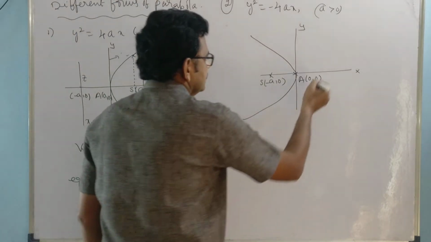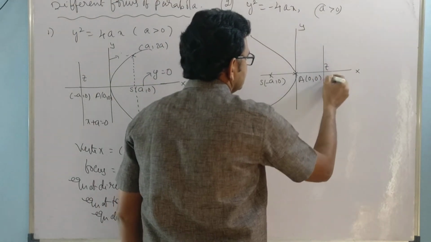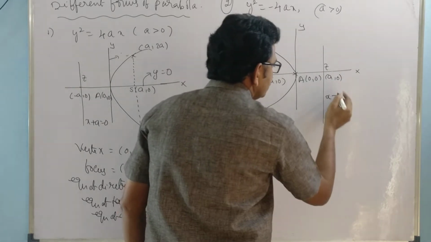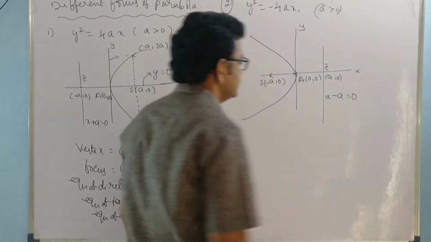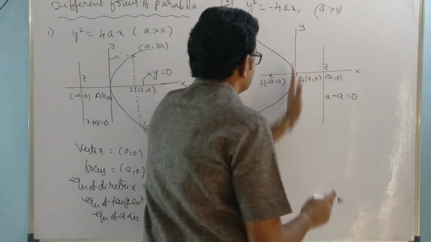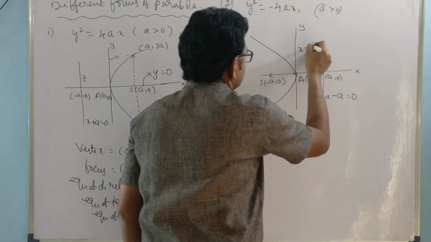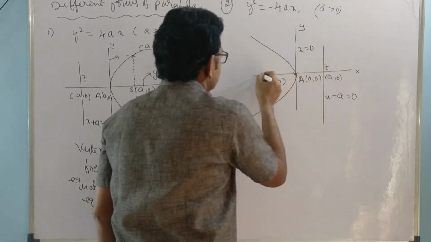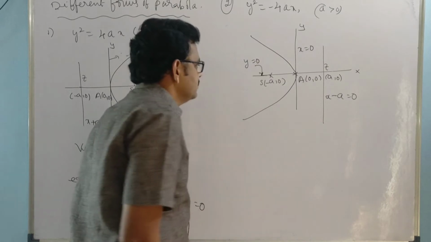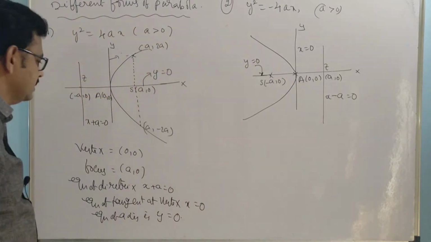And this is the directrix at (a, 0). Equation of directrix x equal to a, that is x minus a equal to 0. Equation of tangent at vertex is the y-axis, x equal to 0. This is the axis, y equal to 0.